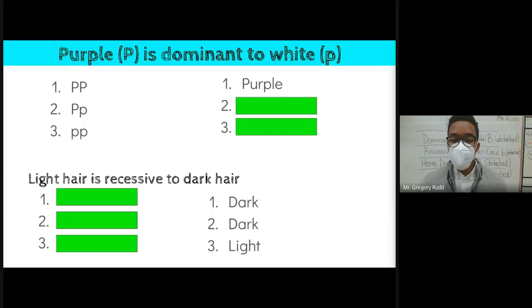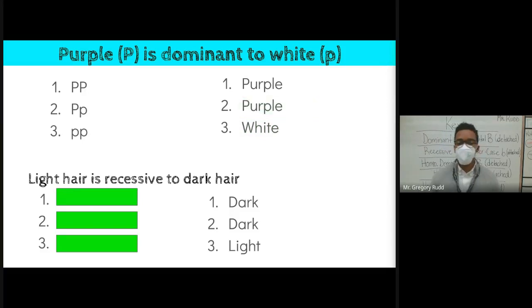So in this case, I have one dominant allele, and so it still gives me the dominant trait. Anytime I see a dominant allele present, I end up with the dominant trait. And then in order to have the recessive trait, I need to have two recessive alleles.